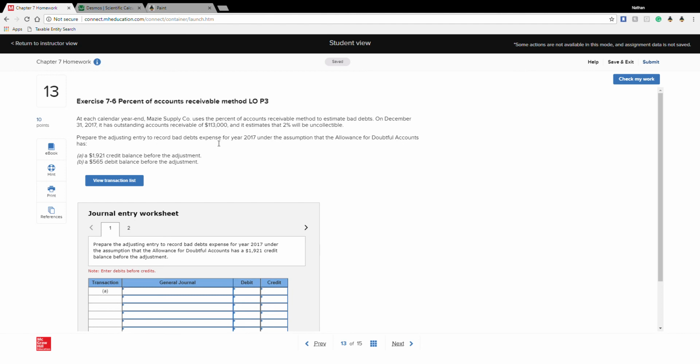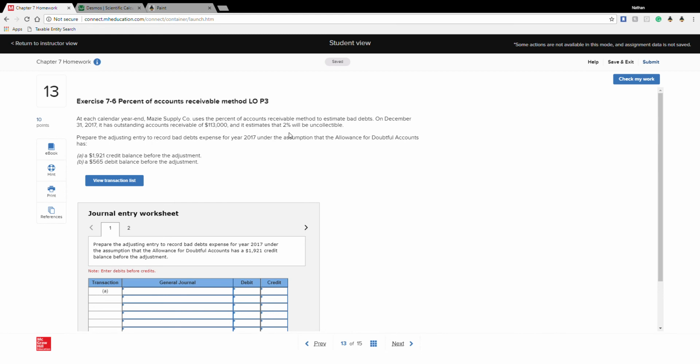Each calendar year, Mazie Supply Co. uses the percentage of accounts receivable method to estimate the bad debt. On December 31st, 2017, it has an outstanding account receivable of $113,000. Woo! That's a lot of money that people still owe us.